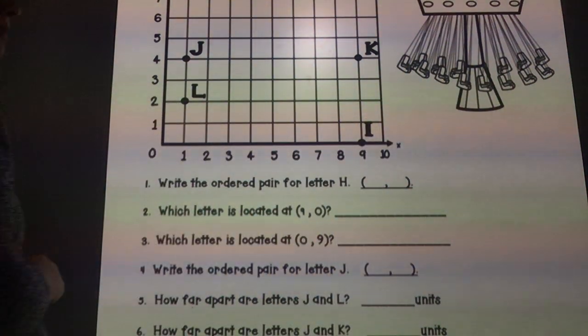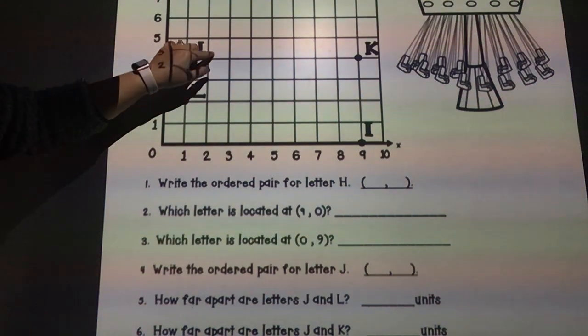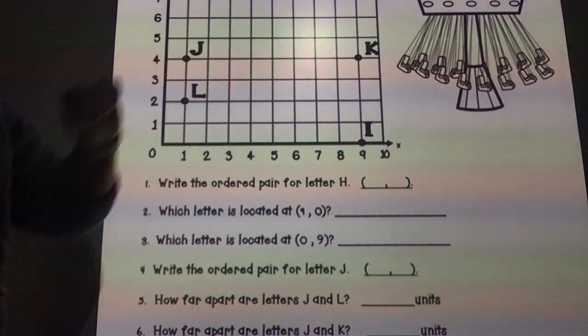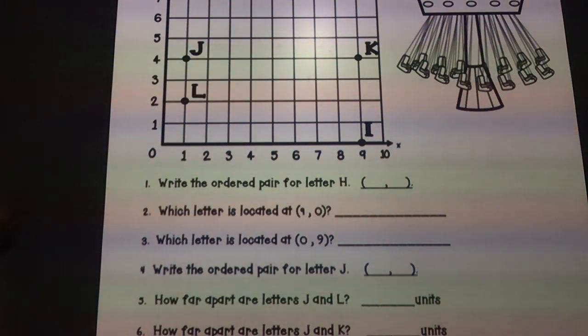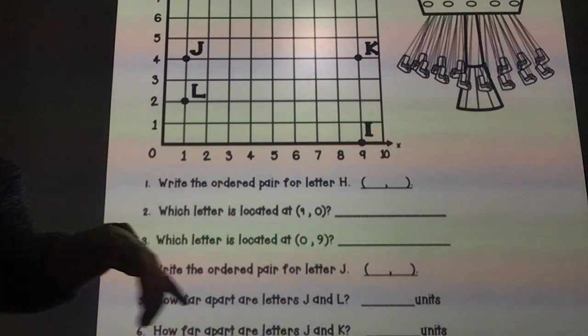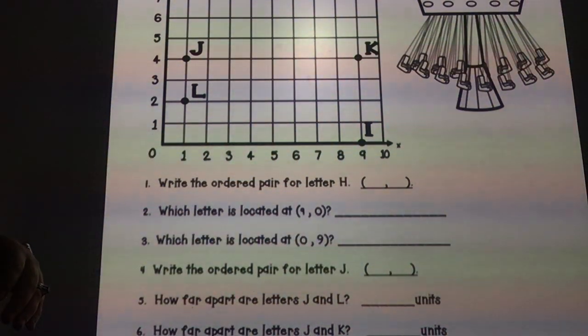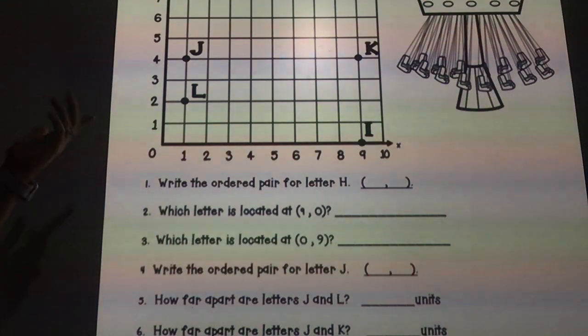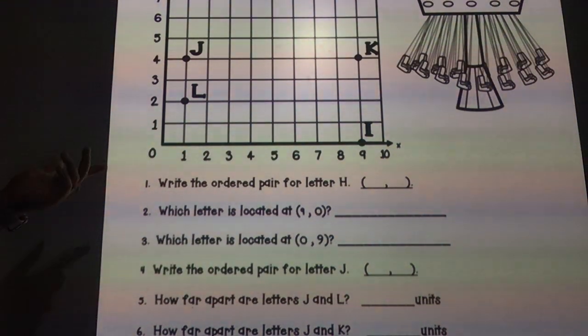So, ladies and gentlemen, you can do two things. You can count how many units, or you could do a math equation here. This one's at 1, this one's at 9. What would be your math equation? 9 minus 1, which is 8. They're 8 units apart.